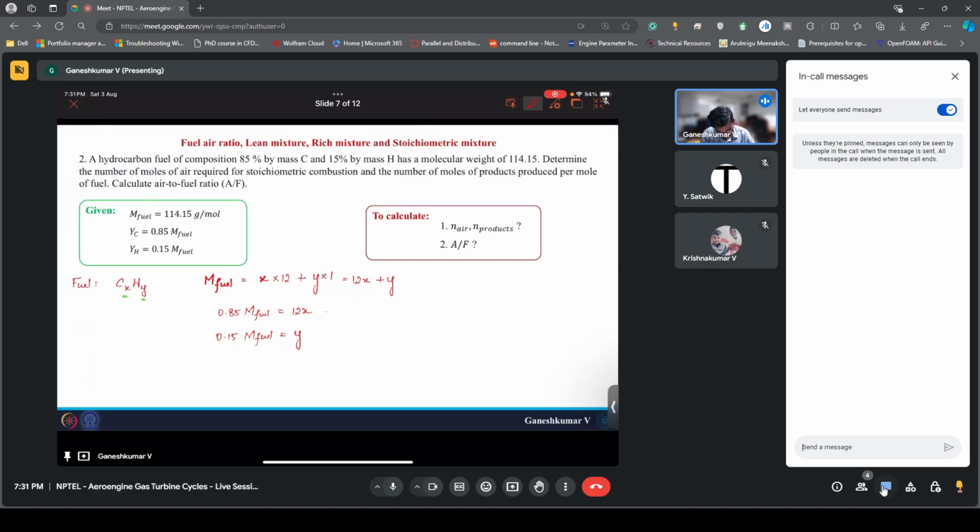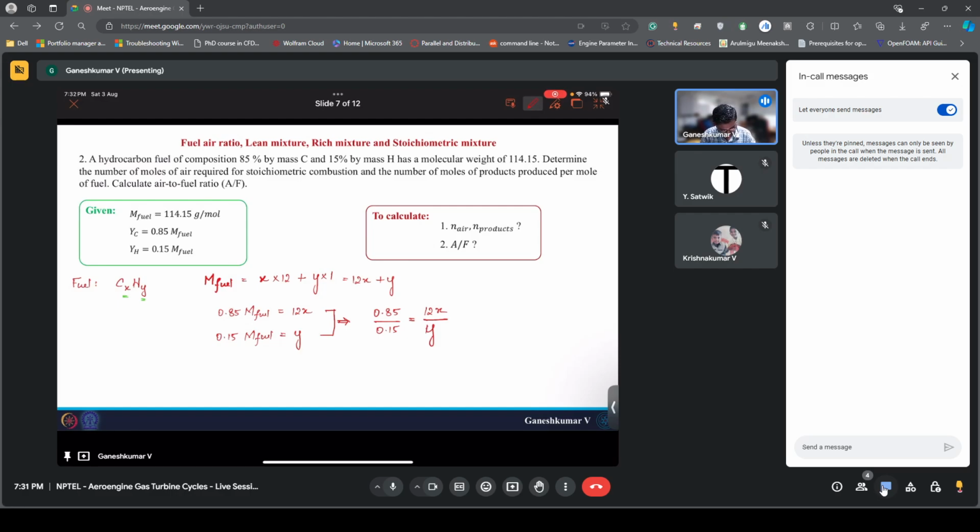So what we can do, we have these two. Maybe we can divide these two, which becomes 0.85 by 0.15, which will be equal to 12x by y. Right.